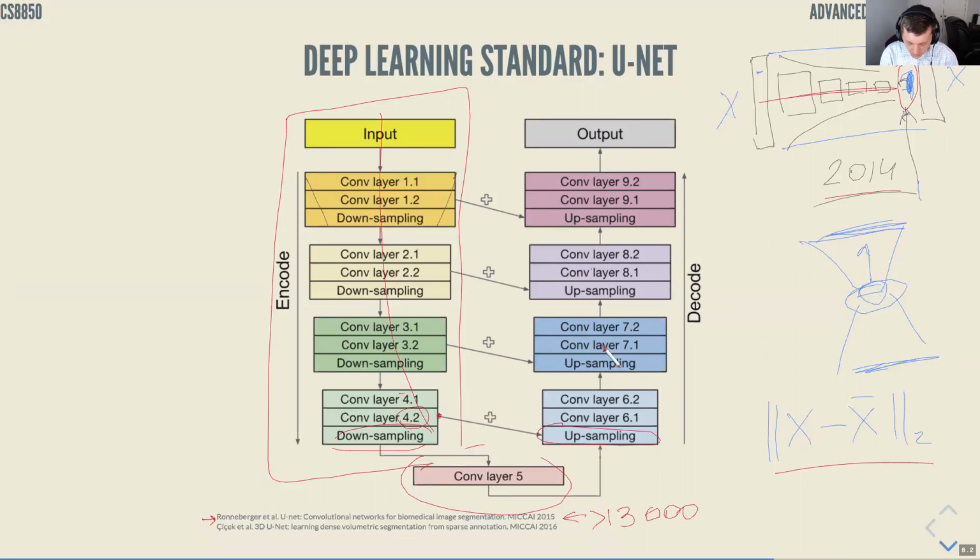But now we added those skip connections. What we're saying with the skip connections is, okay, we're upsampling this essential representation of the image that was useful in the fully convolutional network, but we're augmenting the information.